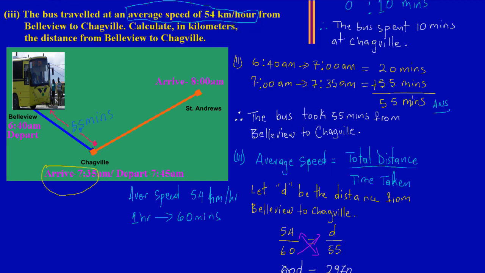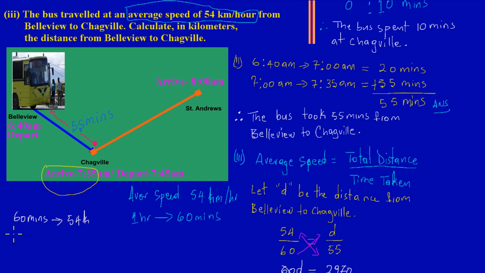Or as we have converted our hours to minutes before, for every 60 minutes the bus is traveling 54 kilometers. That's what the statement there is saying.